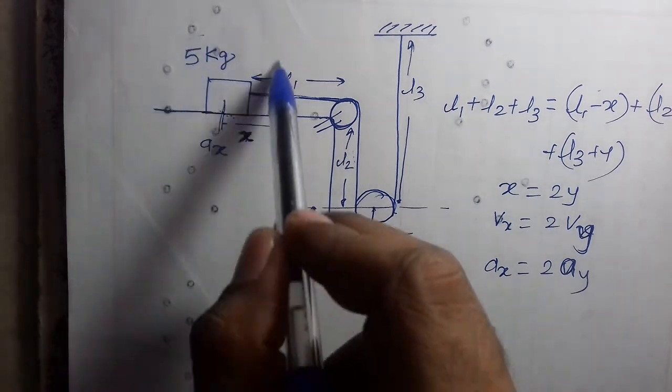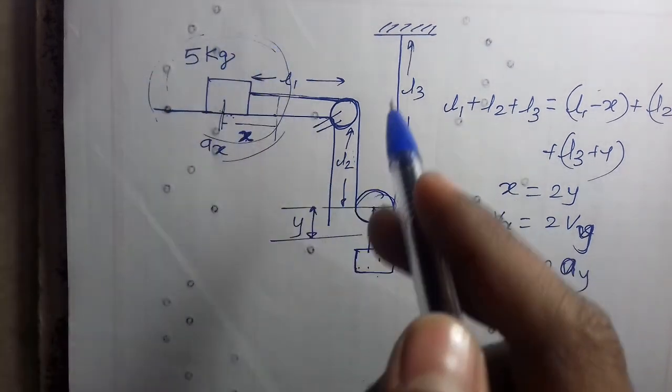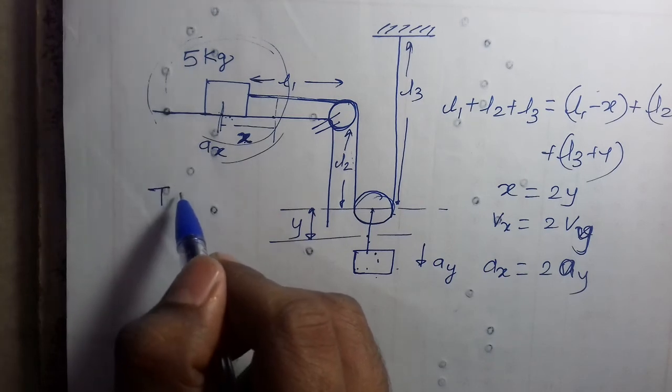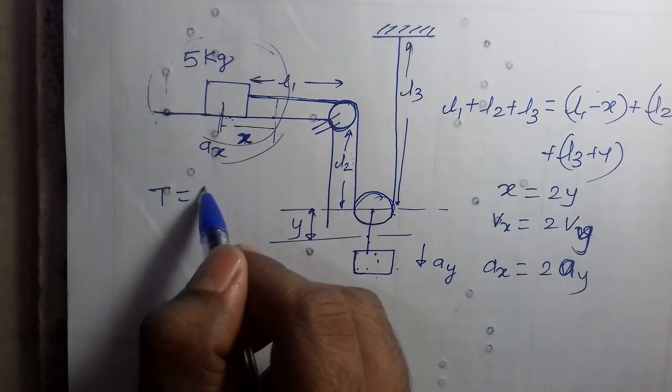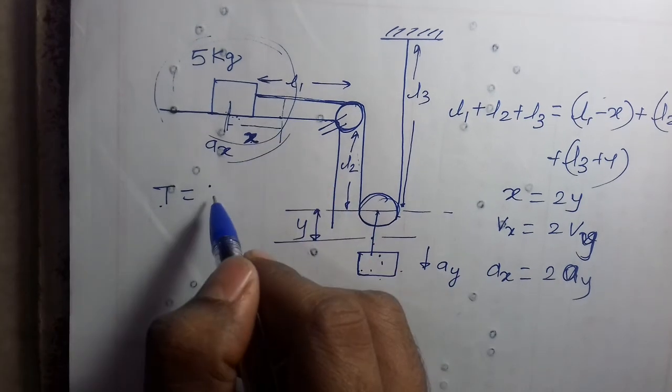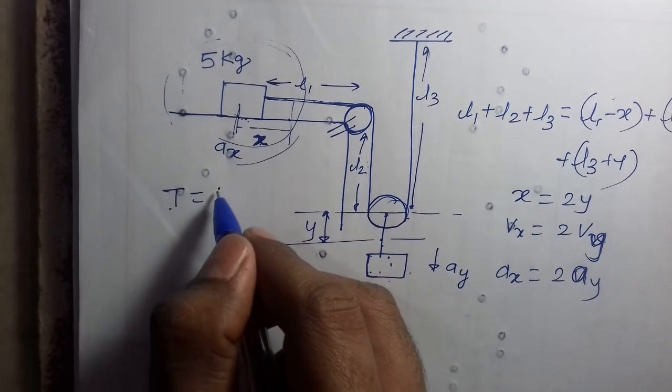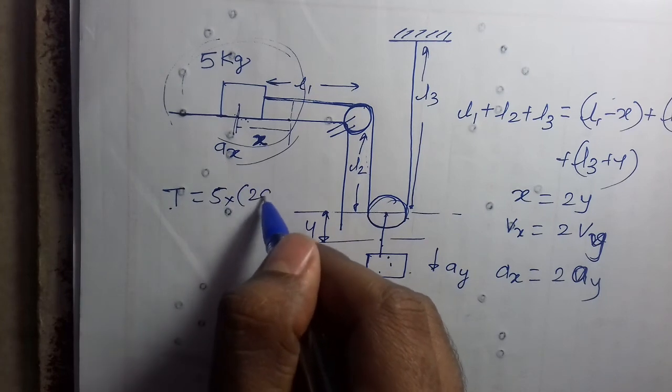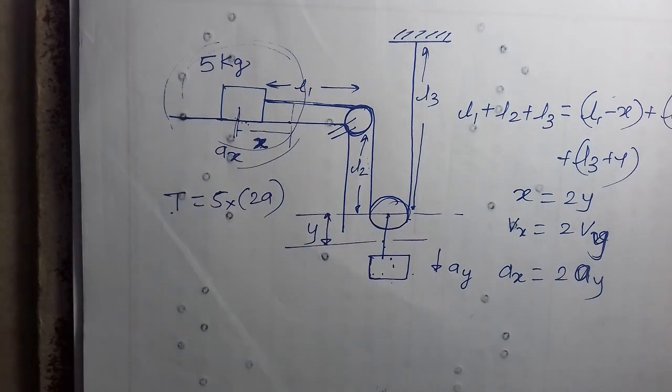So the equation for this block becomes T is equal to ma: F is equal to ma, but F is equal to T, the mass is 5, and the acceleration is 2a.